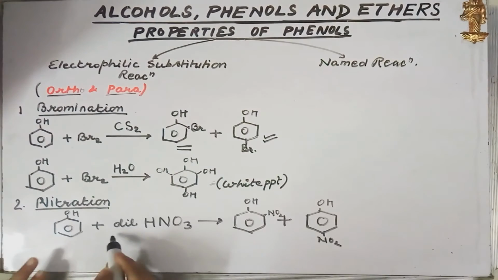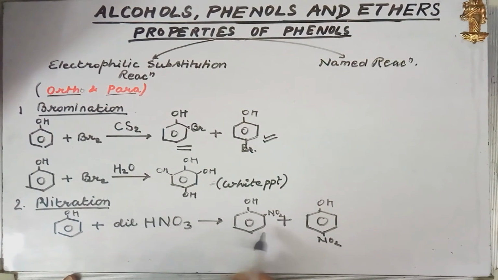Let us see how. In the case of dilute HNO3, you will get the mono-substituted product, and obviously they will again be at the ortho and the para positions, and the para will be more stable than the ortho derivative.